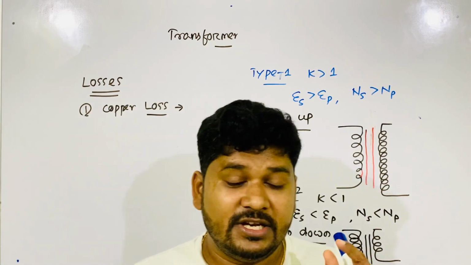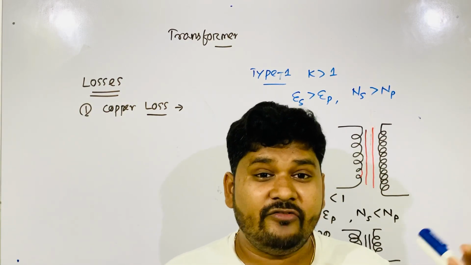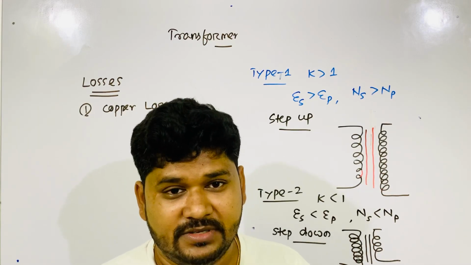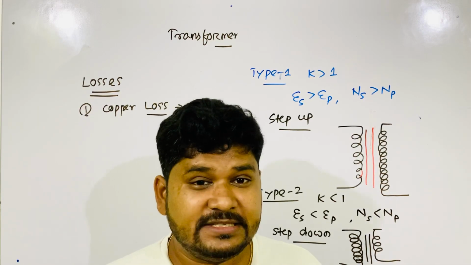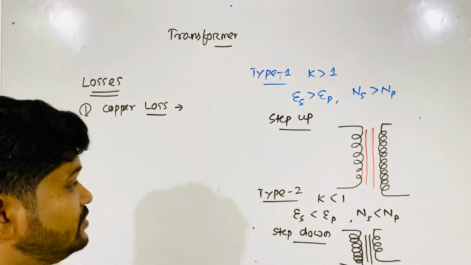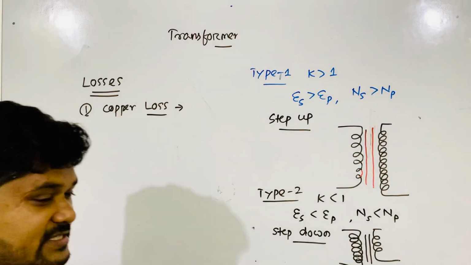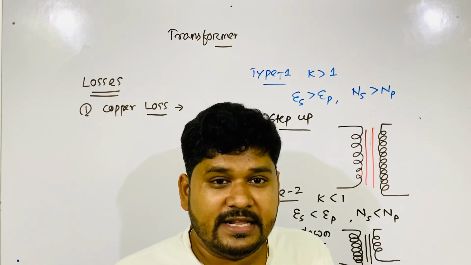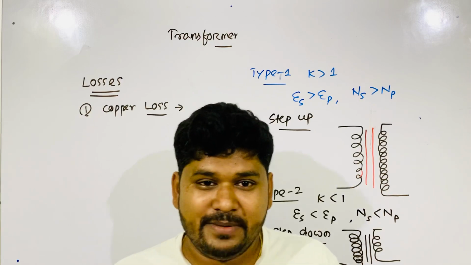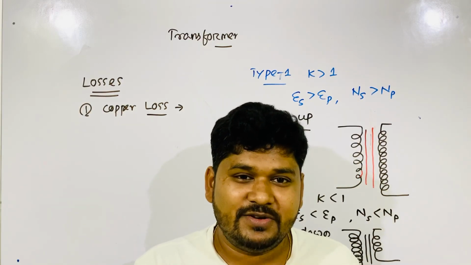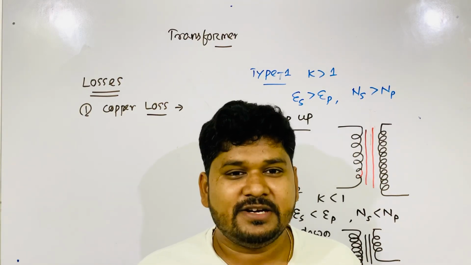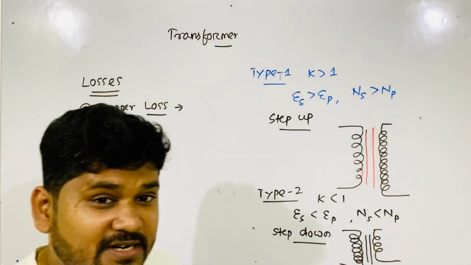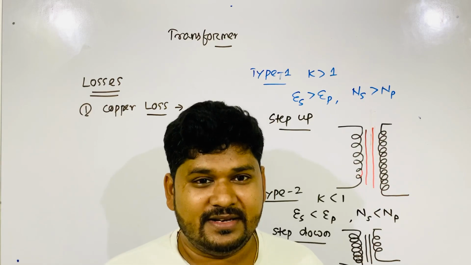Copper loss means loss of electric energy in the form of heat energy in the wire or in the coil of the transformer. We will also discuss how to minimize this loss. To minimize this loss, what have we done? We have taken copper wire. To minimize the loss, we have chosen such wire which has very, very little resistance. That is copper wire, but thick copper wire.